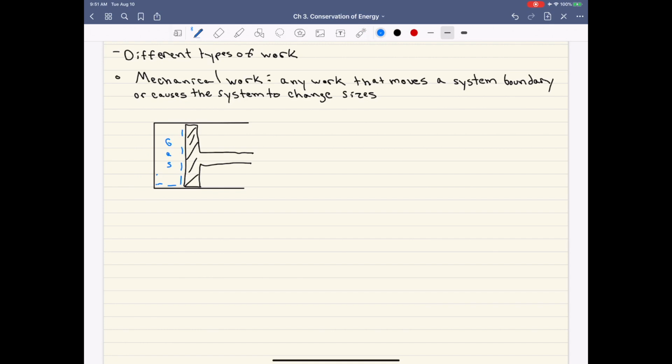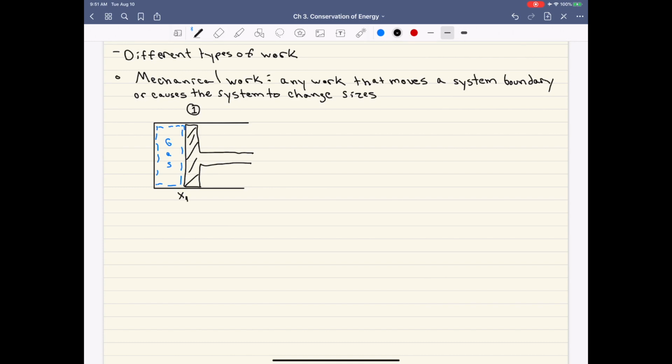And here are the system boundaries of that gas. Alright, and so we'll call this the initial state. And in this initial state, the gas is just sitting idle, and the piston is sitting idle as well. And the distance between the left wall of the cylinder and the piston, we'll call that a distance of x1.